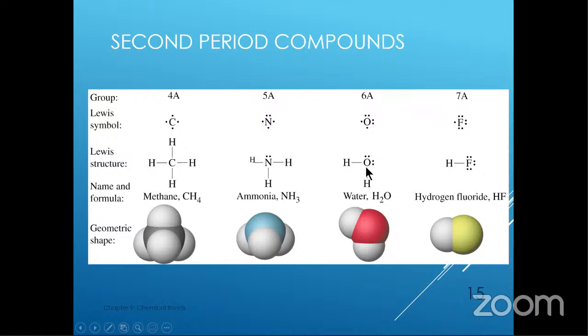In the case of water, the oxygen, which is the central atom, has 2 bonding pairs and 2 lone pairs. And finally, in the case of hydrogen fluoride, this fluorine here has 1 bonding pair and 3 lone pairs of electrons, all right? So those are just some examples of different molecules and what their Lewis structures look like.